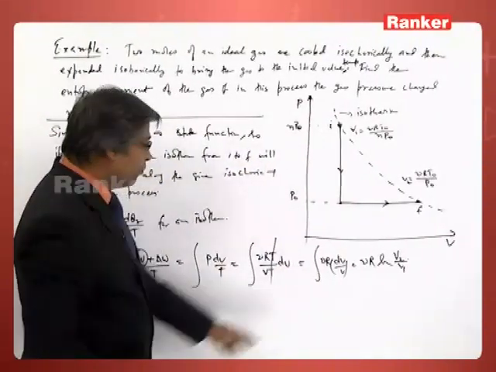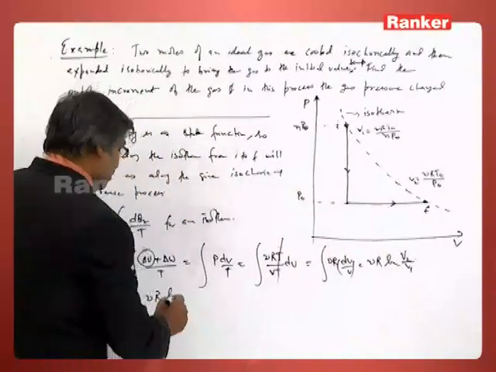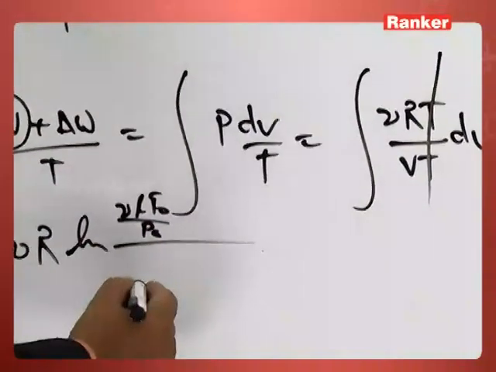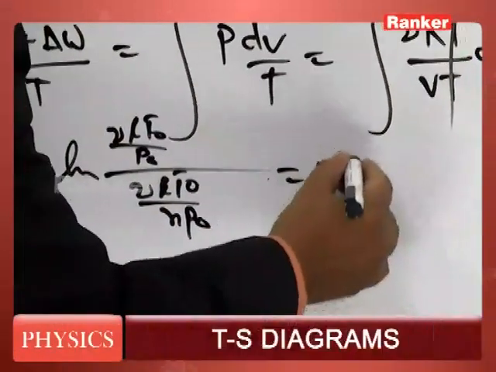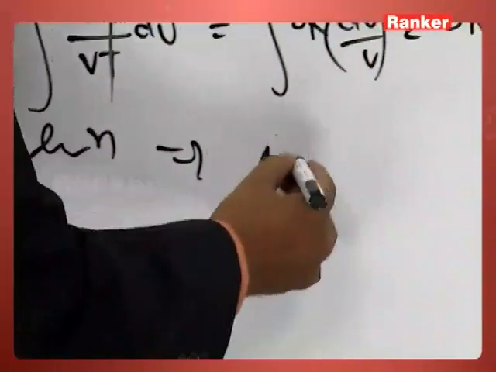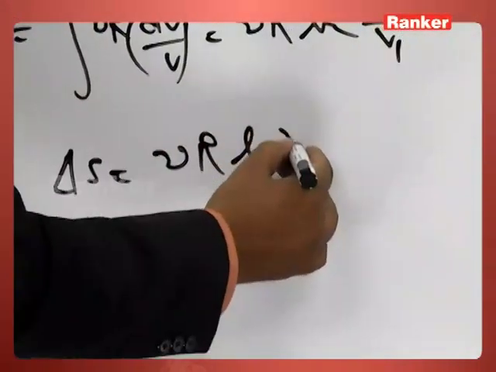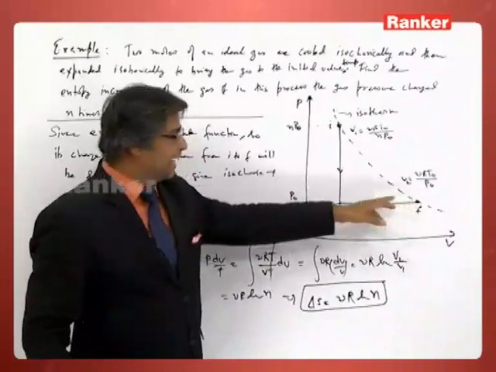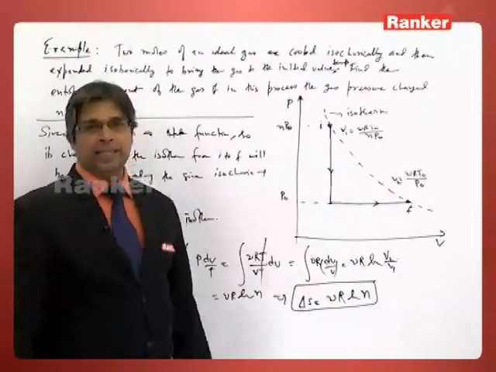So V2 by V1 is nu R T naught by P naught upon nu R T naught by N P naught, which is N. So this is nu R ln N. Thus the final result is nu, the number of moles, times R ln N. This is the increment in delta S that you can calculate from here or here, both are going to be the same because entropy is a state function.